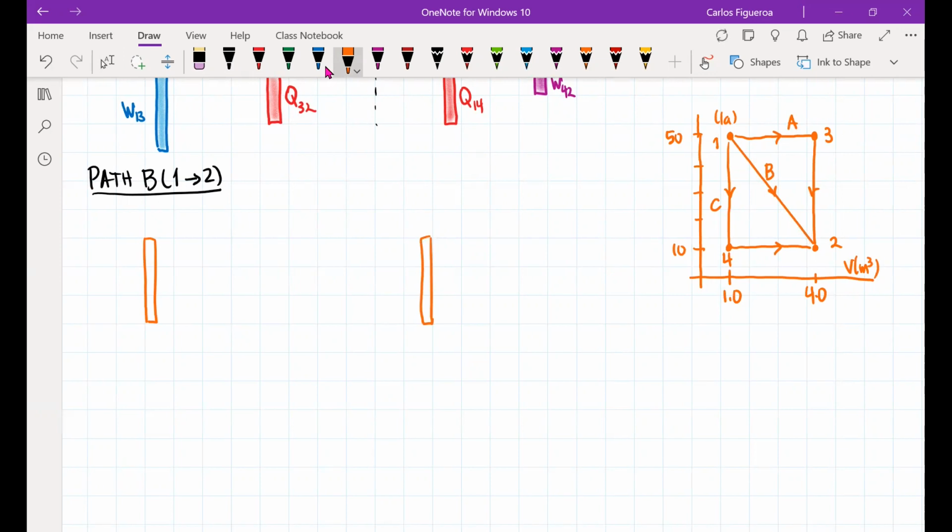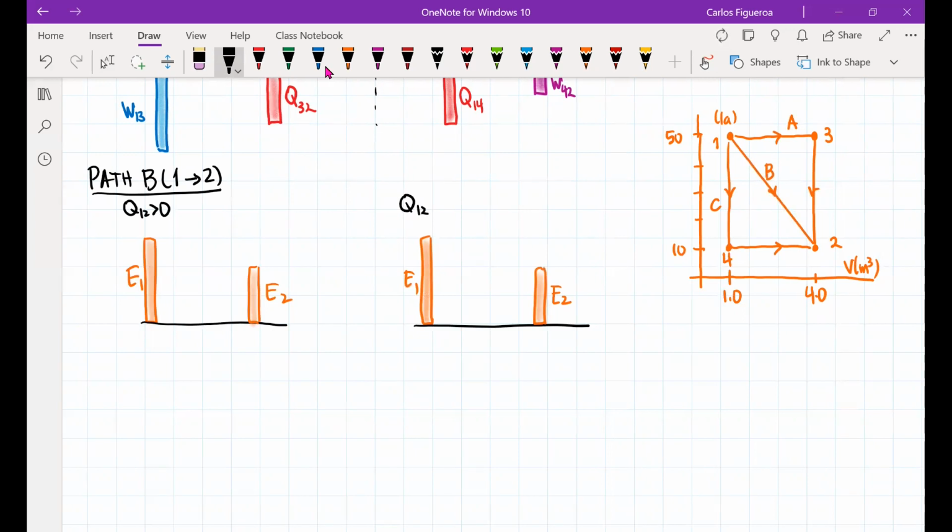Here, this is my internal energy 1. This is my internal energy 1. And all I know is that in the end, I have to get to this internal energy right here, because the internal energies are the same for all states. So in this case, we're going to assume that the heat from 1 to 2 is positive. And in this situation, we're going to assume that the heat from 1 to 2 is negative.